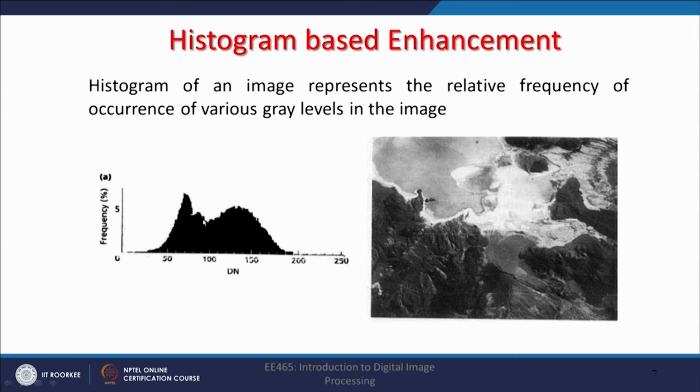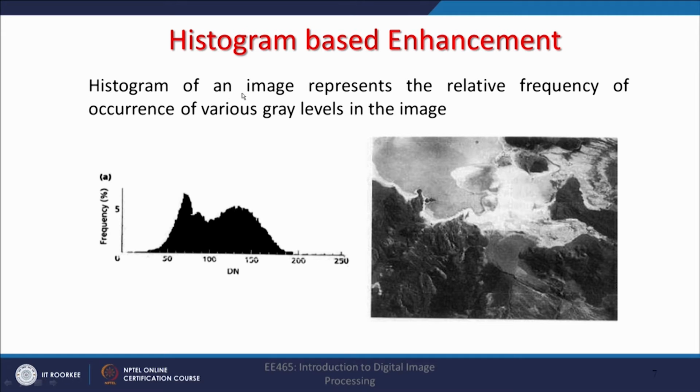So there are two major lobes representing the pixel values present in the image. For a very simple interpretation, we can say that a large number of areas have darker pixel values, which are represented in the first part of the histogram, and then lighter pixel values, having high values, are represented in the second lobe of the histogram.